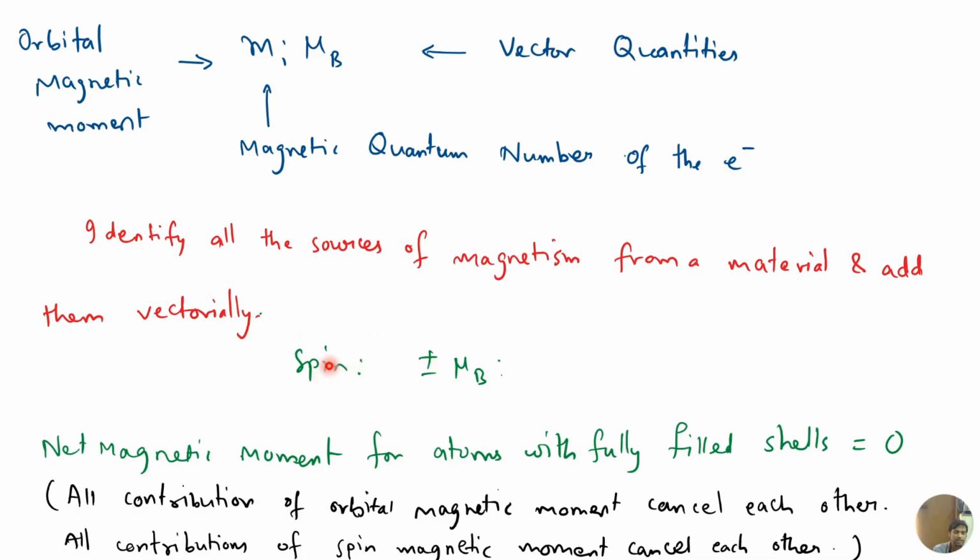The spin can contribute: if it is a plus half spin, it can give plus mu B, and minus half spin means minus mu B. The net magnetic moment for atoms with fully filled shells will be 0, because the spin up and spin down particles have opposite magnetic moments and therefore cancel each other, since it is a vector sum, and they will give 0. All the contributions of orbital magnetic moment will also cancel each other, and all the contributions of spin magnetic moment will also cancel each other when the atoms have fully filled shells.